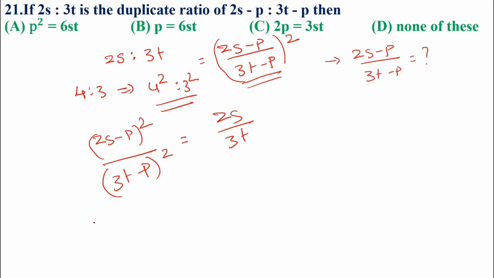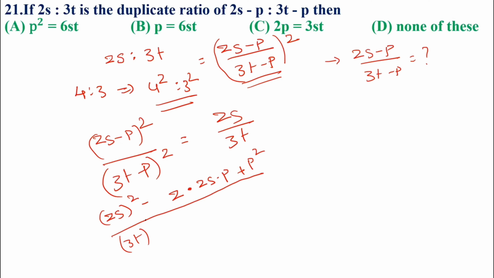So first a minus b whole square. So a square minus 2ab plus b square, by a square minus 2ab plus b square is equal to 2s by 3t.